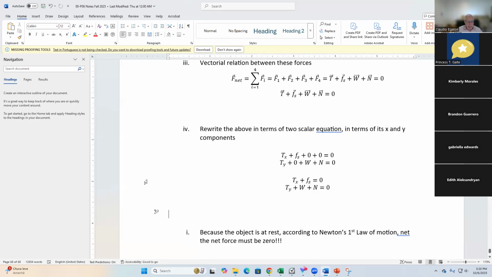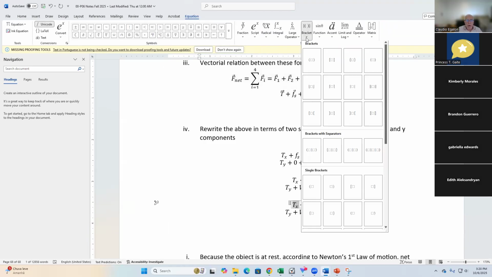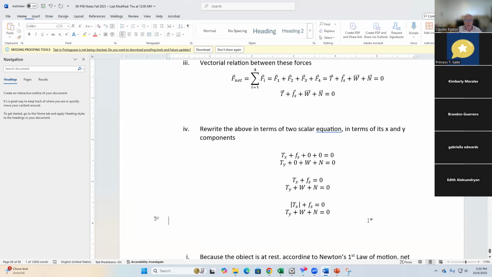Can we do better? Yes, we can do better. We can write this in terms of the moduli. The x component of the tension is along the positive horizontal direction. Consequently, we can write that down in terms of a modulus of Tx.